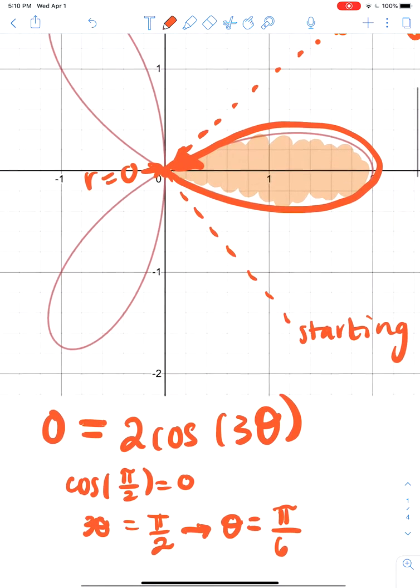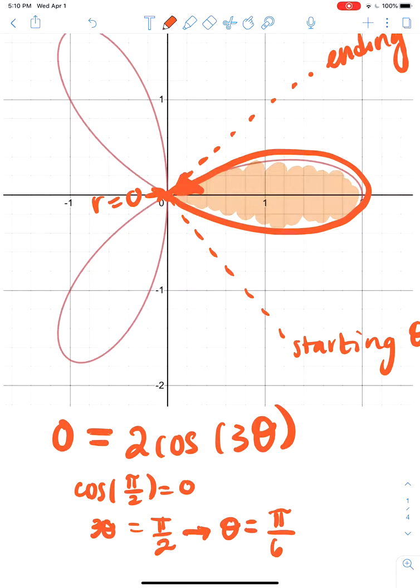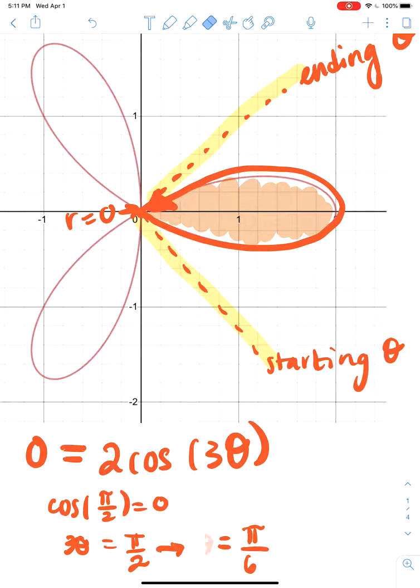So then the next question is, looking at the quadrants that we're in, the first quadrant and the fourth quadrant, what versions of pi sixths should these be?